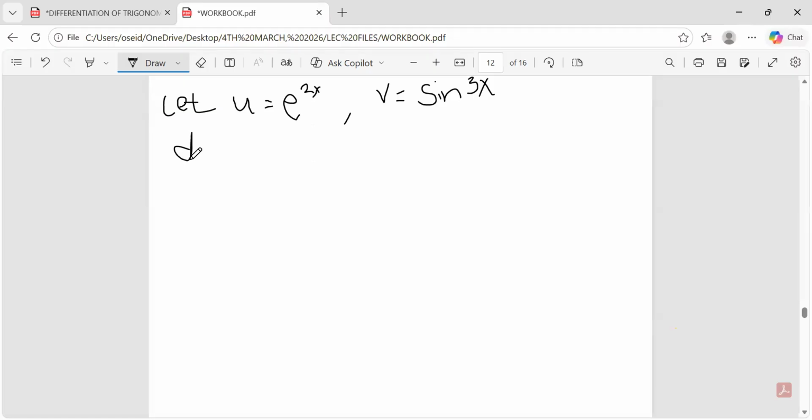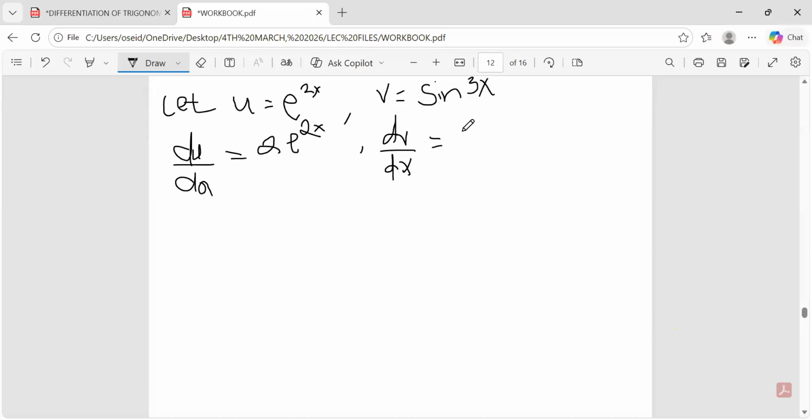So we differentiate u with respect to x. So du/dx, we are going to get 2e exponent 2x, comma. Then differentiate v with respect to x.